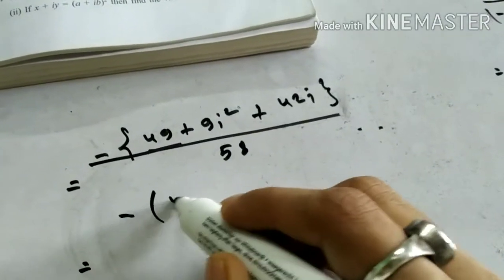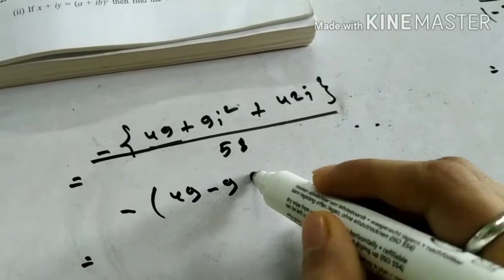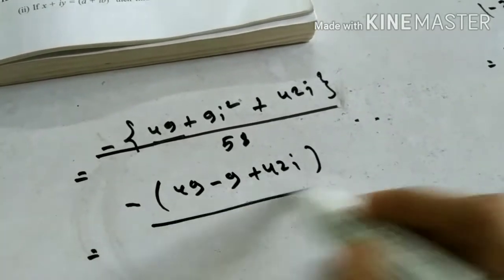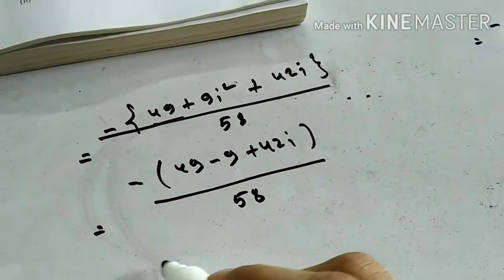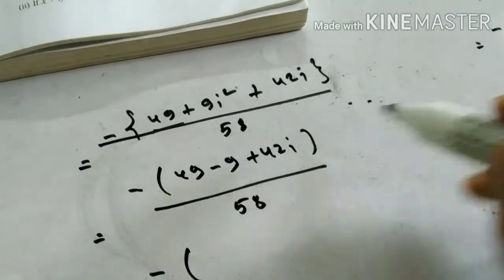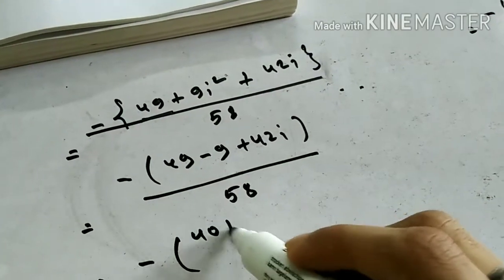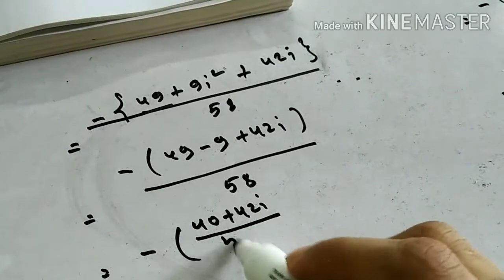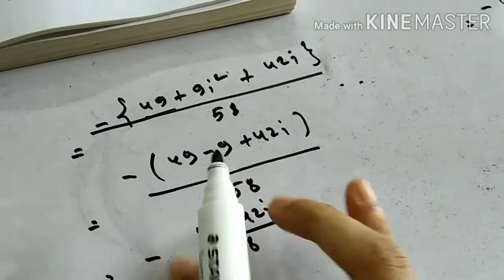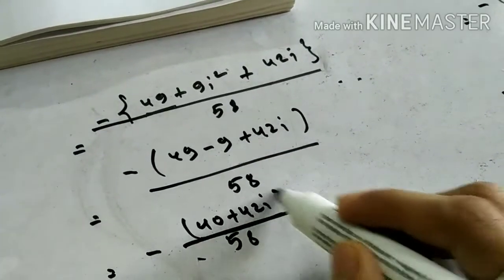So minus 49 minus 9 plus 42i by 58. This 49, I will get 40 plus 42i by 58.